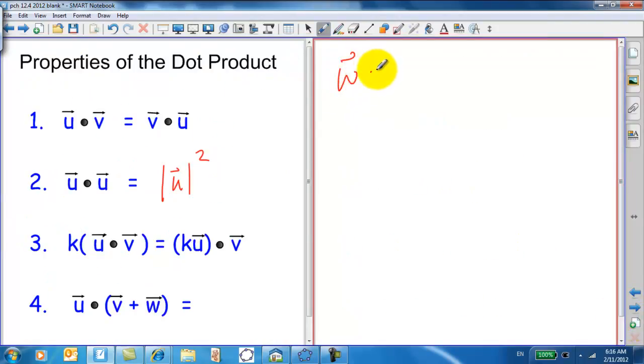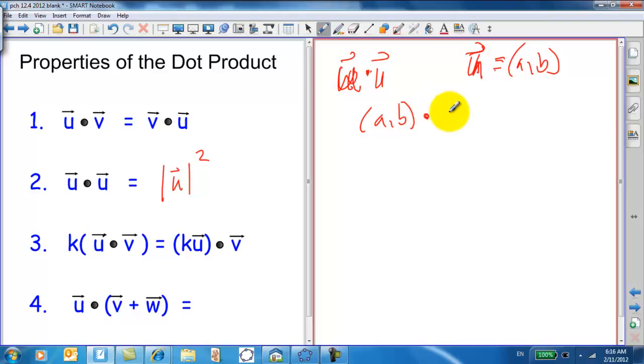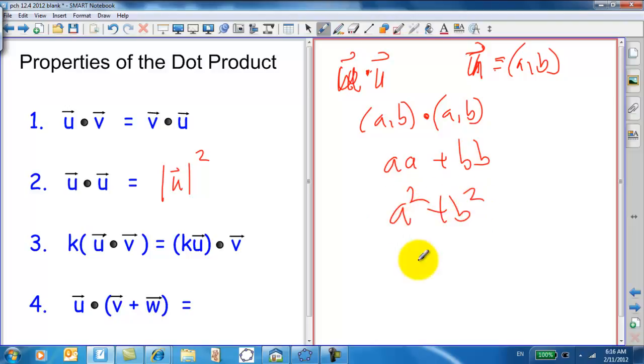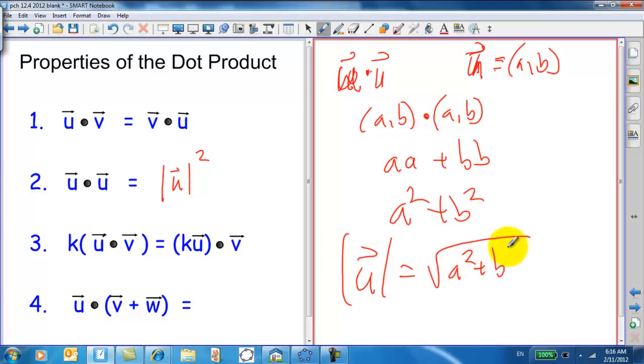U dot u, let's say u equals a comma b. For u dot u, you're going to have a, b dot a, b. So that's a times a plus b times b. That's a squared plus b squared. And the magnitude of u is the square root of a squared plus b squared. So there you go. U dot u equals the magnitude of u squared.